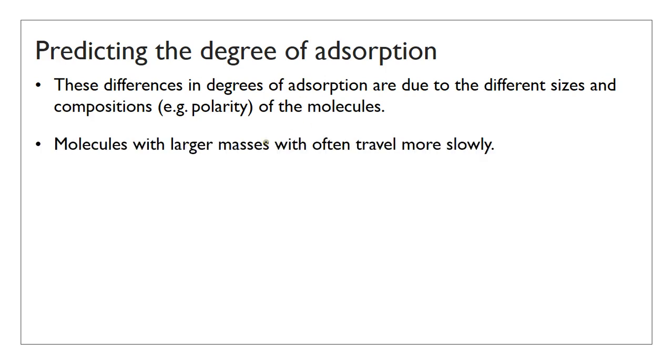Now, the first thing, which I think is very obvious, is that molecules with larger masses will often, let's actually spell things correctly, often travel more slowly. So I think that's self-explanatory, but if you want, you can also talk about intermolecular forces here. Larger molecules have stronger dispersion forces with the stationary phase.